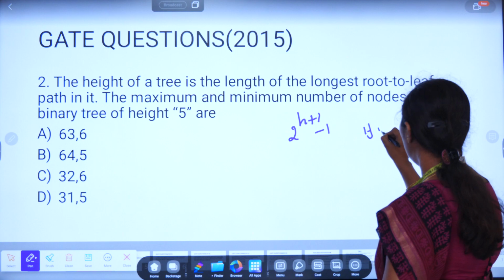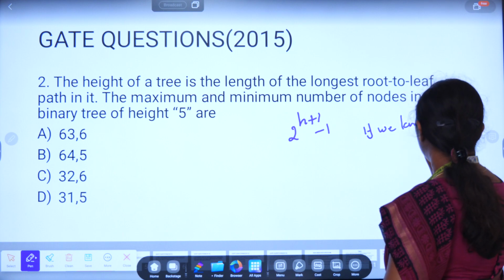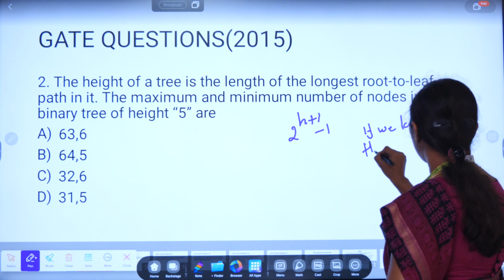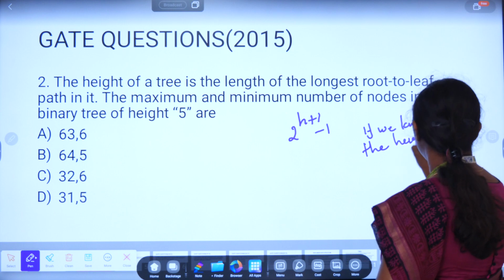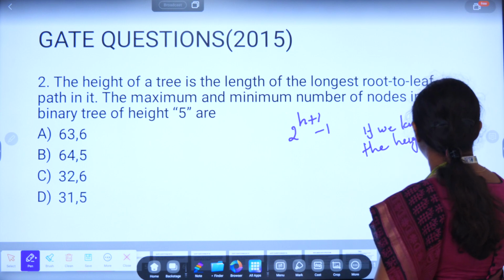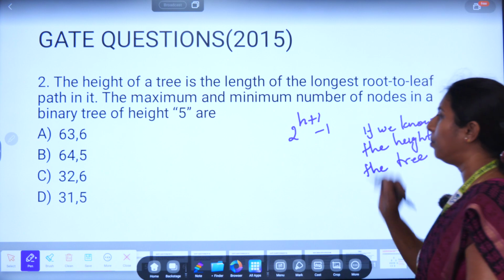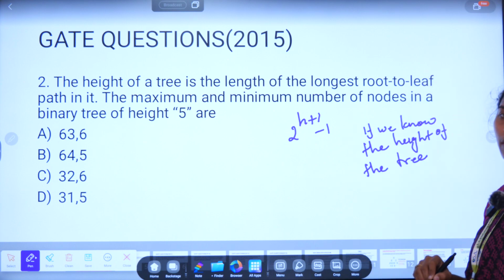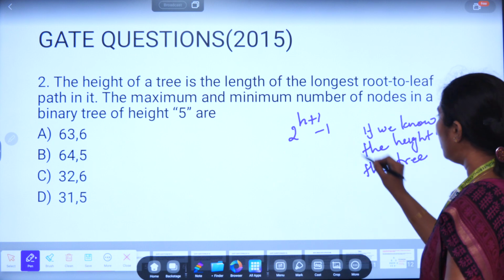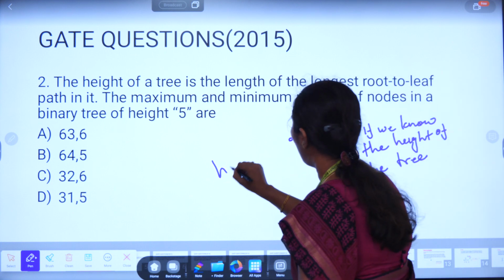If we know the height of the tree, we can easily calculate the maximum number of nodes a particular tree can have. Here the height they have given is 5.